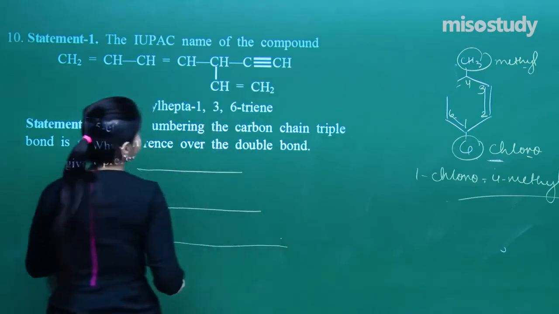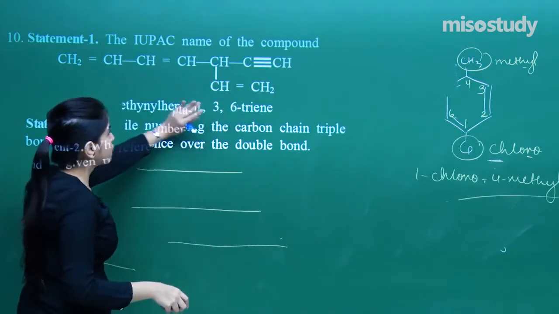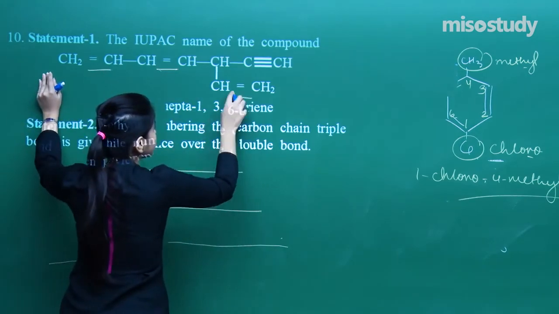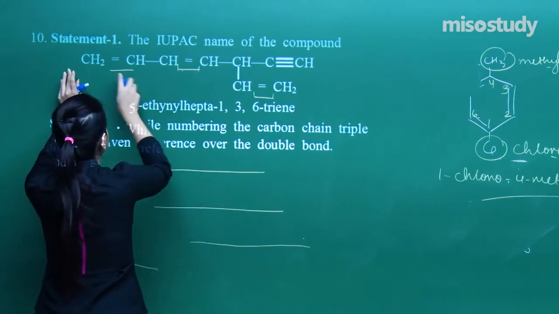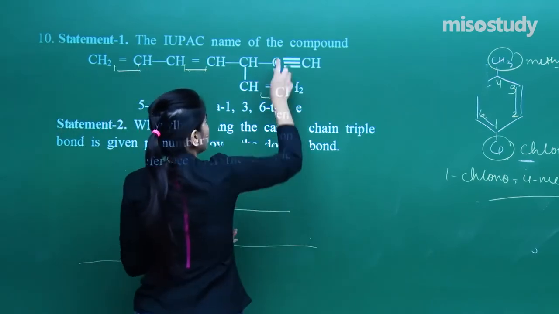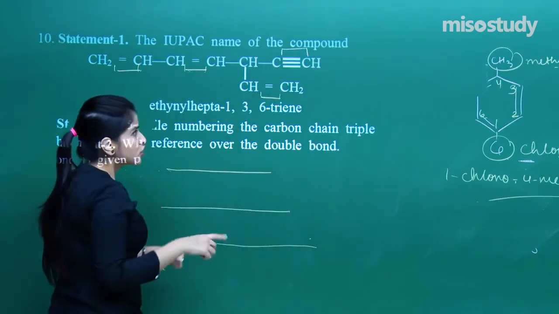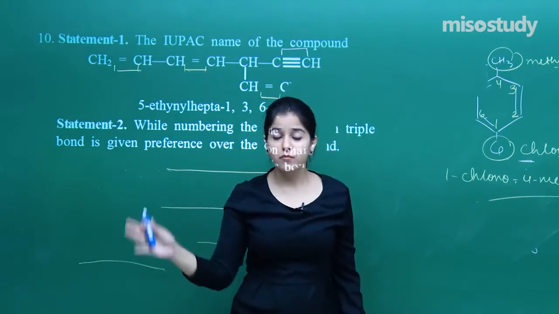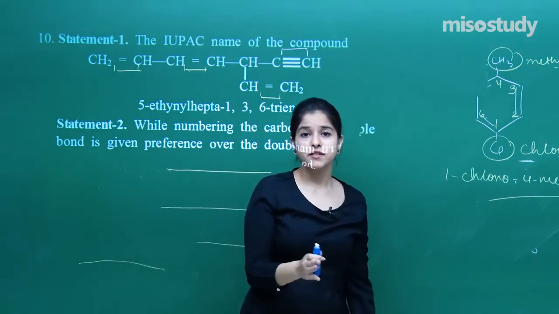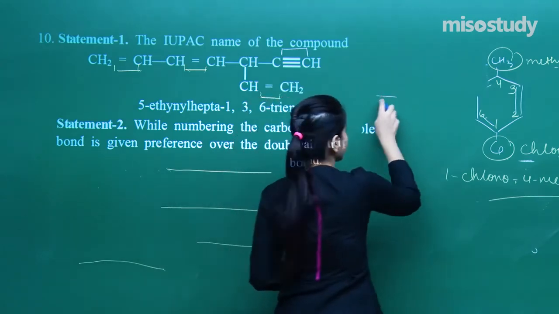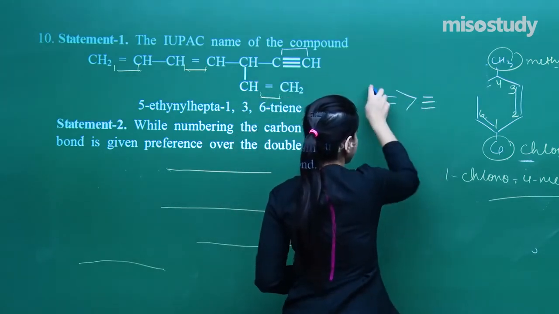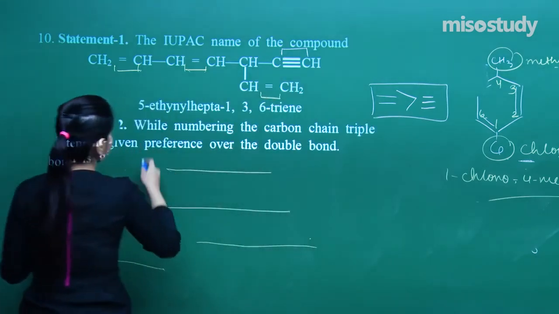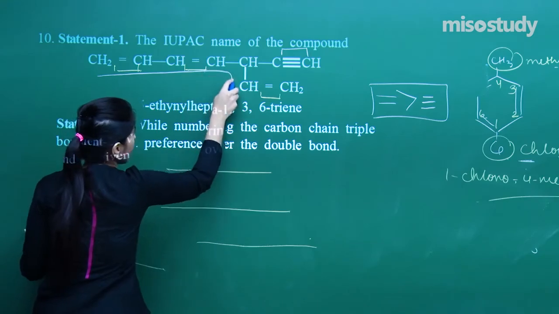If you look at the compound carefully, I have got 3 double bonds and I have got 1 triple bond. So which will be on higher priority? Will I give the double bond priority or the triple bond? Always remember, double bond is on higher priority than the triple bond. That means I need to have this very chain as my word root.